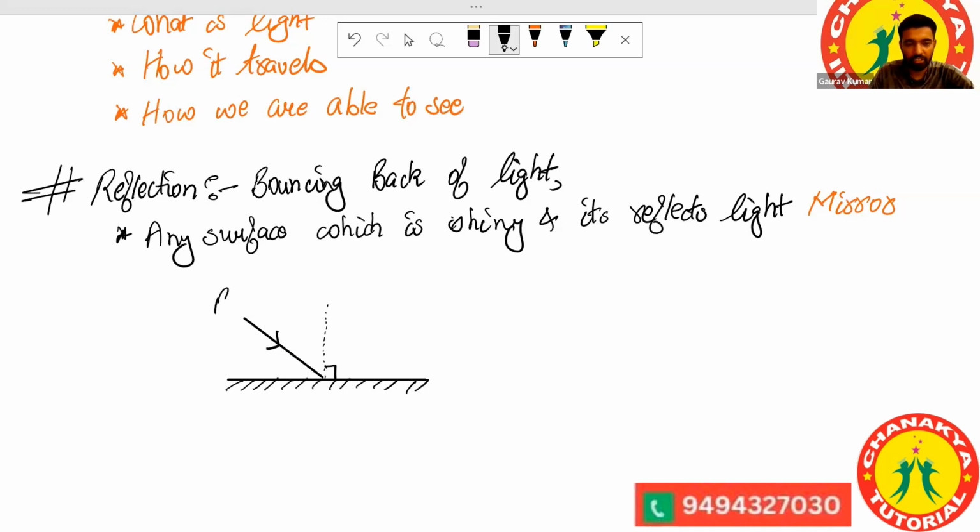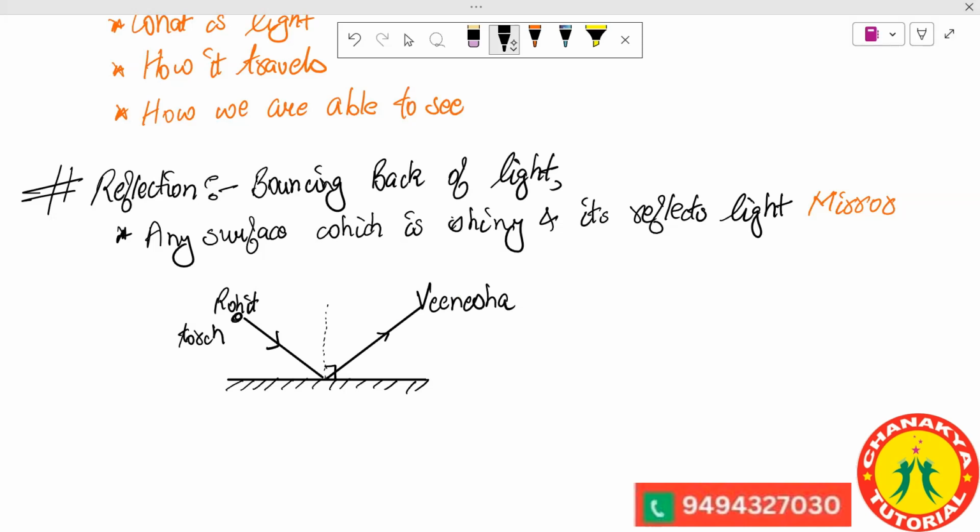Say Rohit is standing here holding a torch, and say Venetia is standing here.